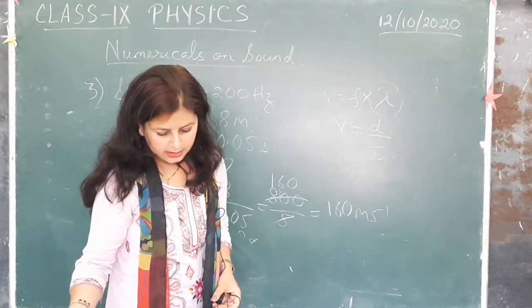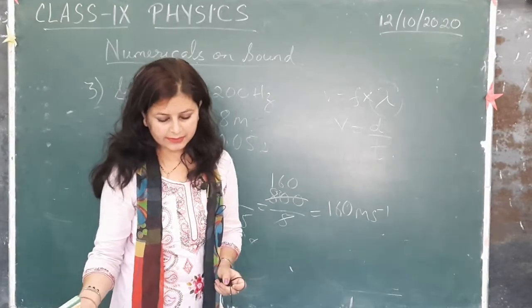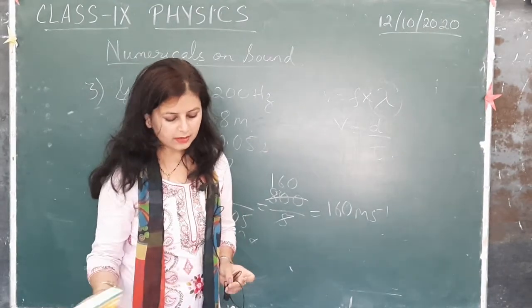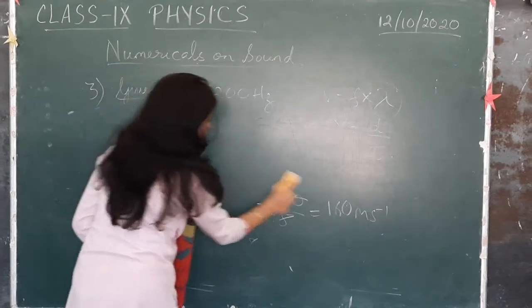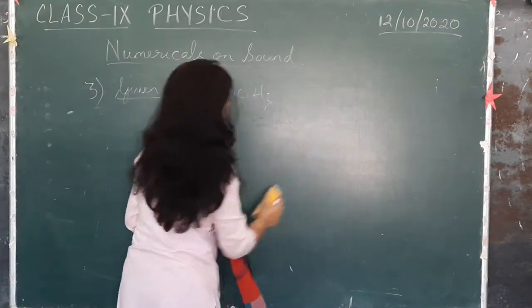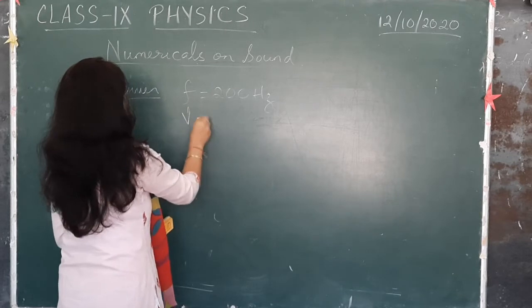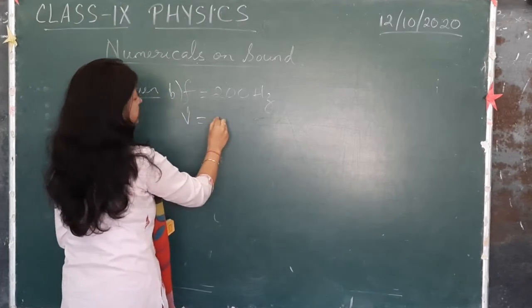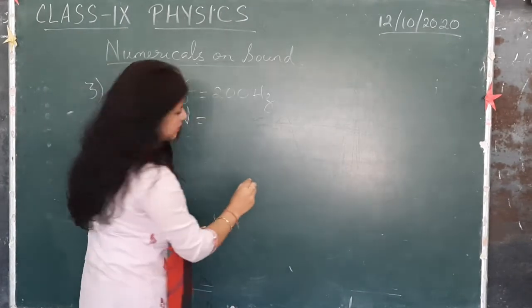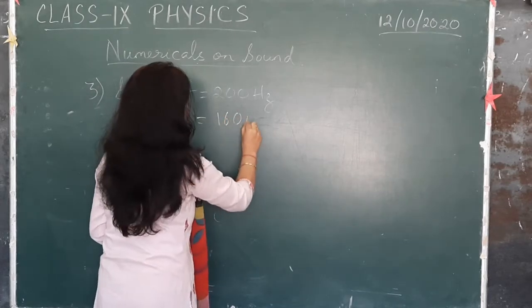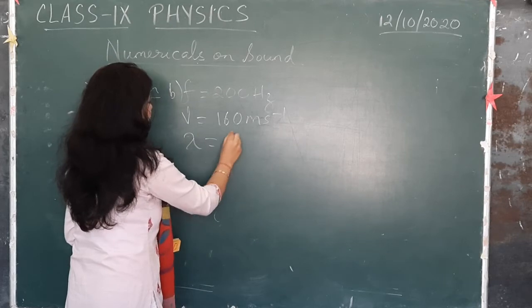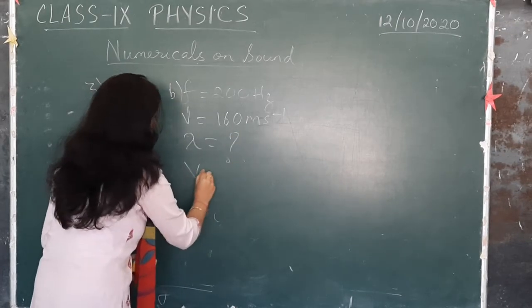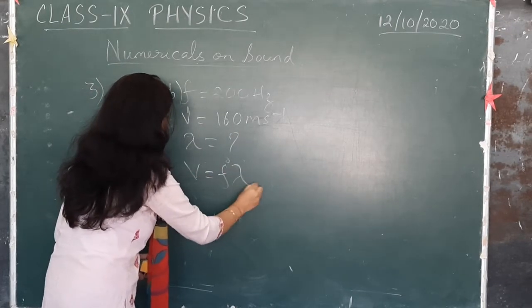Next, the same question has given you a second part, the wavelength of the wave on the string. Now with the help of frequency and the velocity that you just calculated, you can easily find the wavelength. This is part B, velocity is equal to 160 meter per second, and you need to find wavelength. The formula to be used is V is equal to f into lambda.